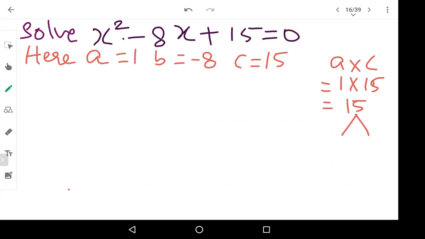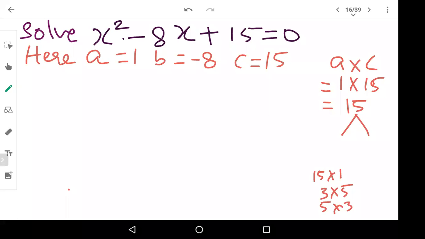Come on, solve it with me. Find the factors. 3 5s are 15, 5 3s are 15, then 15 ones are 15. Somewhere else do you get 15? We can take 3 and 5. That will be easier for us to do.